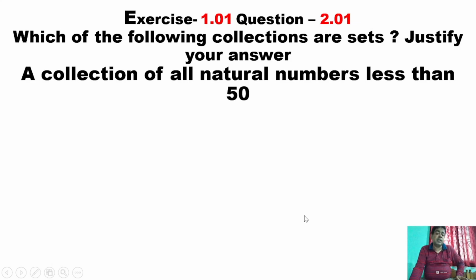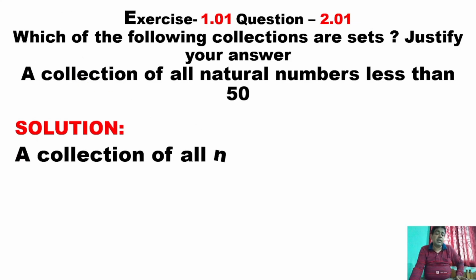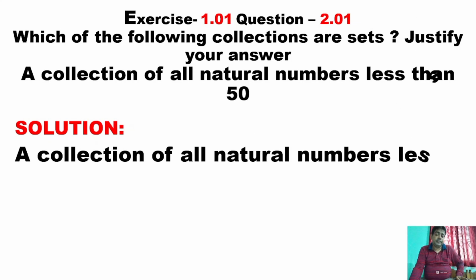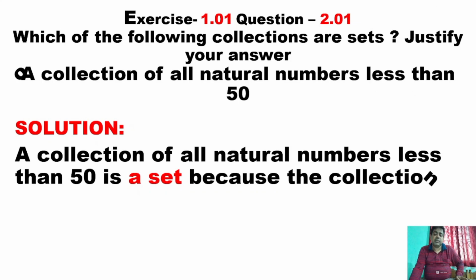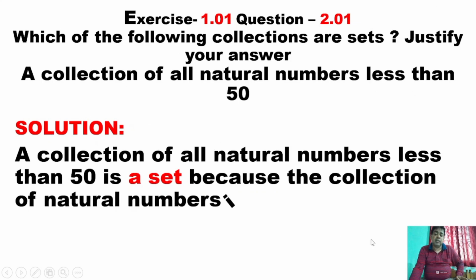It is a set because we know what kind of elements are in it, and it can be written in roster form. We can write all the elements of the natural numbers less than 50, and the elements are well defined.